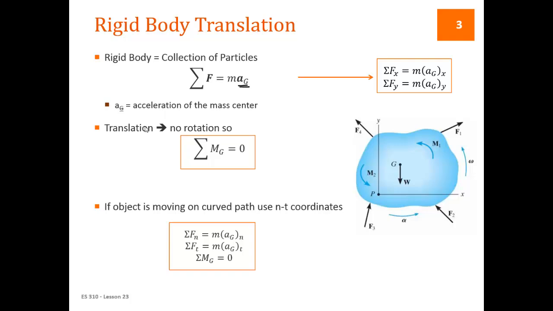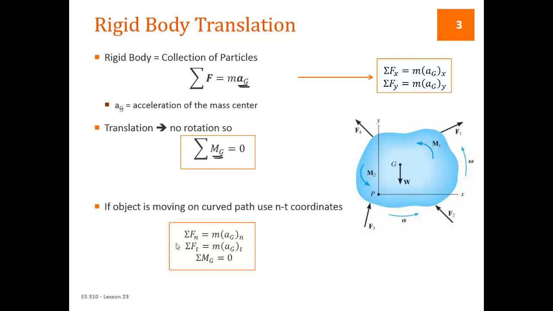Since we have translation, we do not have any rotation. So we're looking purely at translation. And so the sum of the moments is going to be equal to 0. But those are moments around the center of mass, once again. So we have to remember, always around the center of mass is going to be equal to 0. If the object is moving on a curved path, it can still be translating because a line on that object may not be rotating.